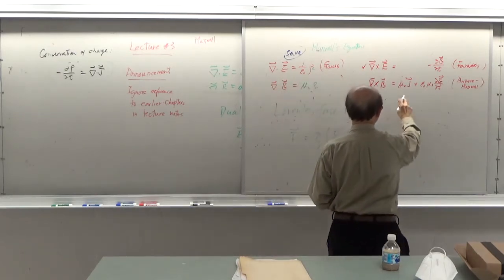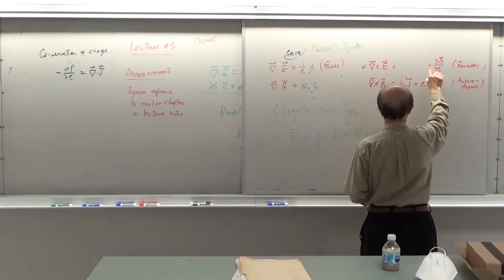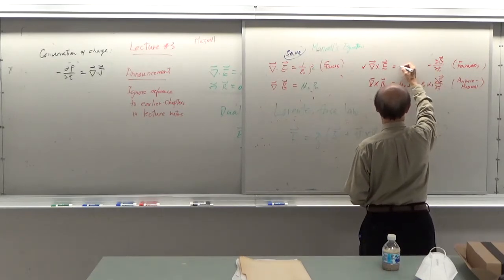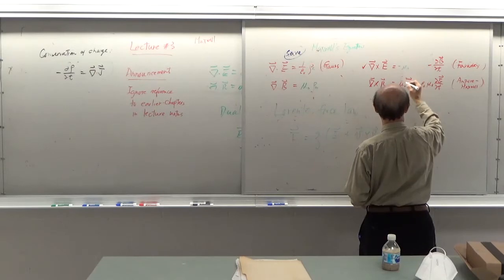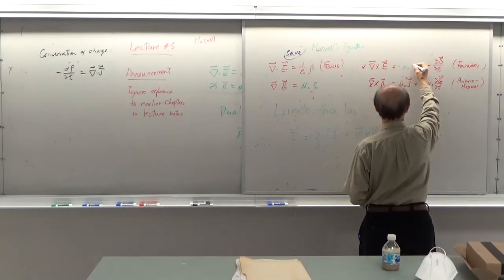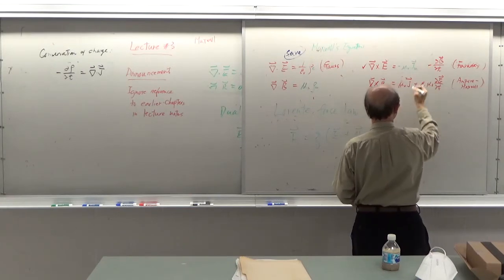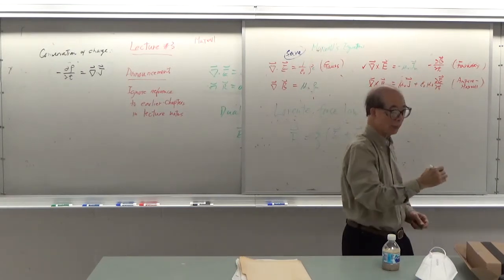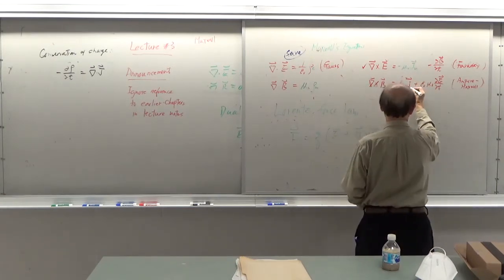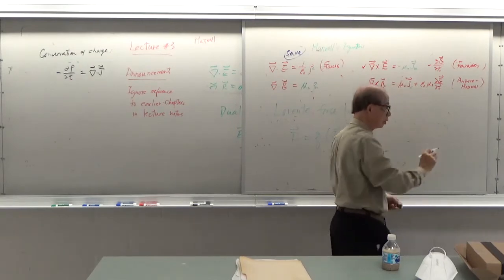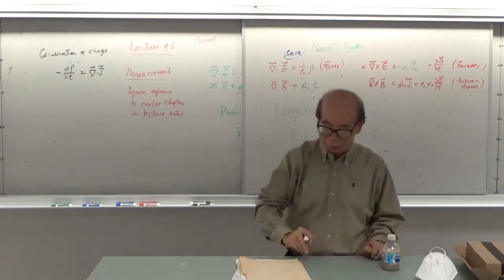And similarly, here on the other side, we'll put in minus mu naught times the magnetic current density, which we will denote by J sub M, and attach E here to this electric current.